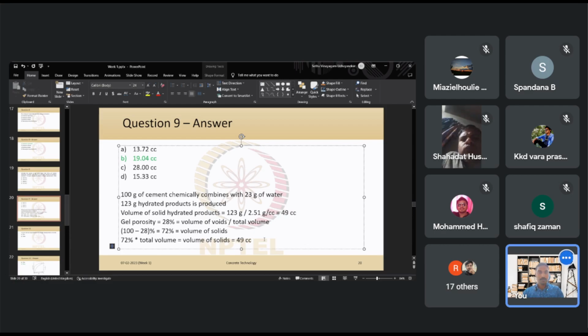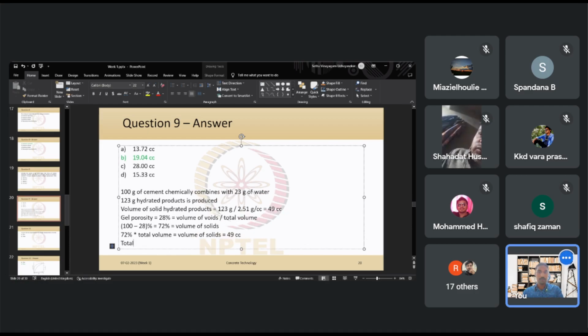So from this we can obtain the total volume. So what will be the total volume? Total volume will be nothing but 49 cc divided by 0.72, and this will come out as 68.01 cc. So this is the total volume of the hydrated products.